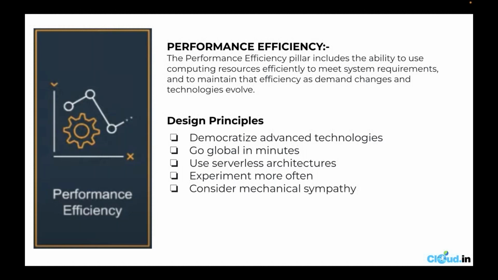There are various tiers or options available when you talk about storage, so selecting the appropriate storage tier can help in optimizing the performance and cost at the same time.